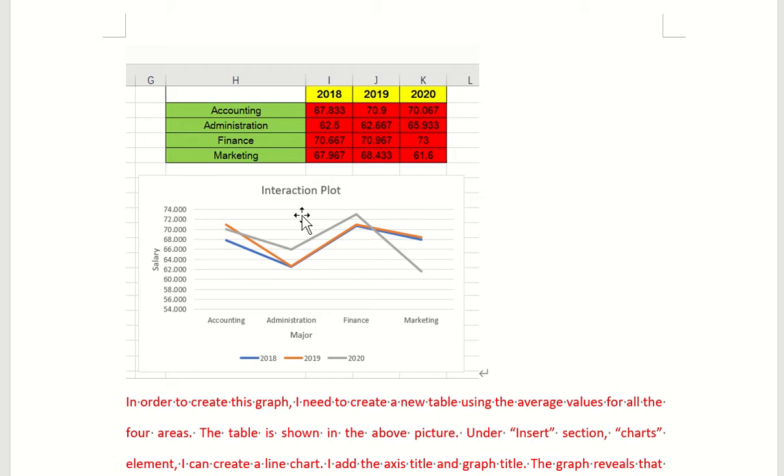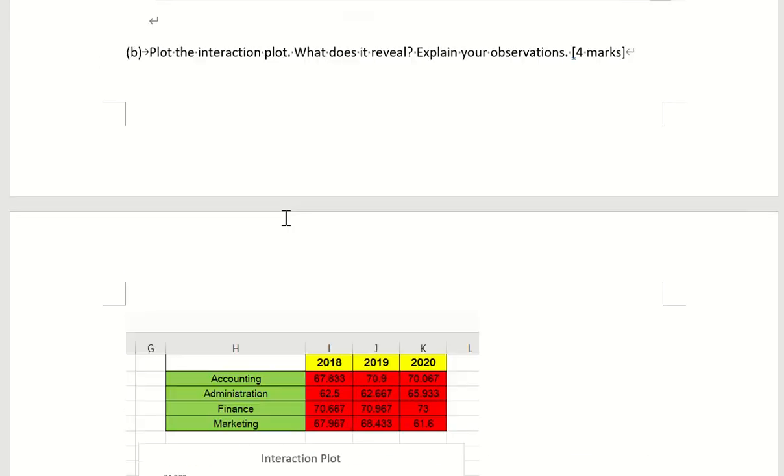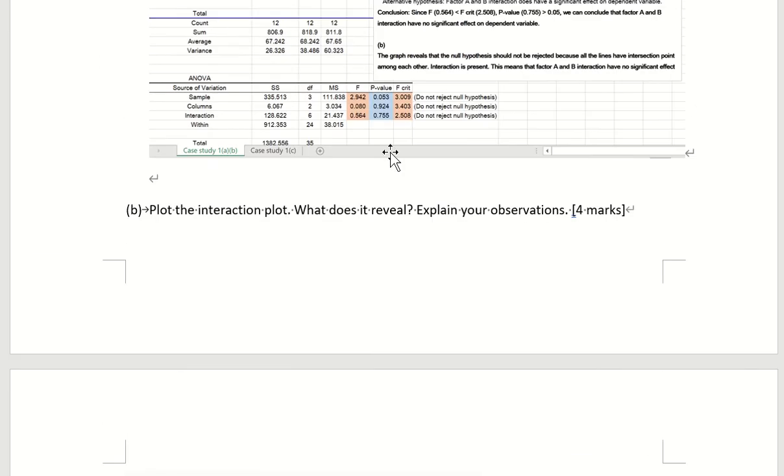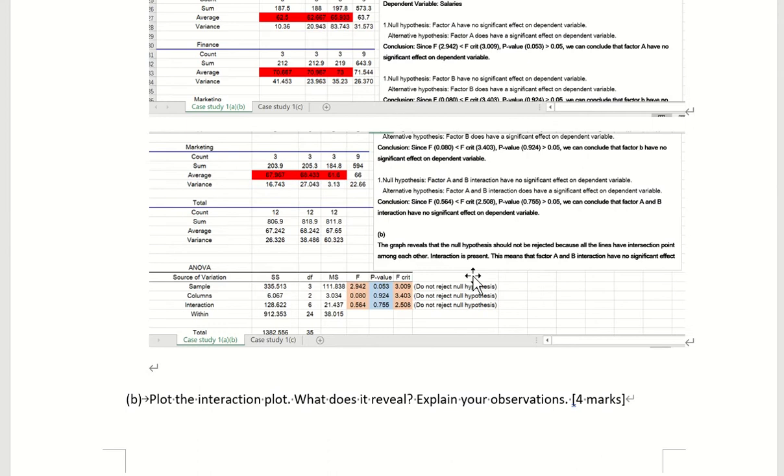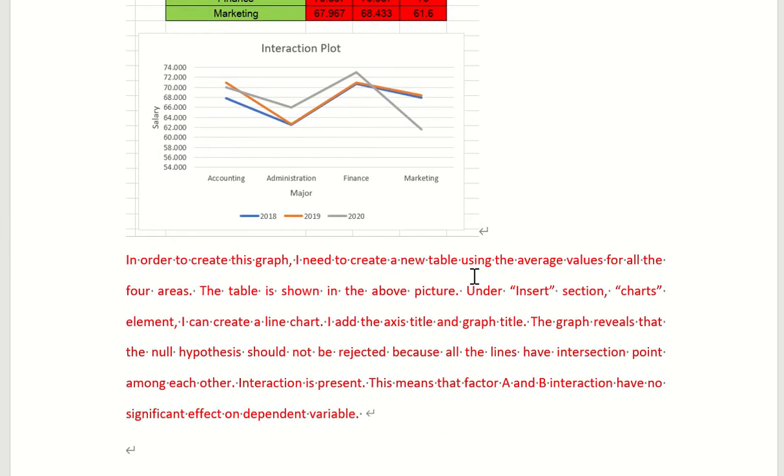According to the graph, we can see that there are a lot of intersection points, which means that the null hypothesis should not be rejected. This means that factor A and B have no interaction. Factor A and B interaction has no significant effect on the dependent variable.